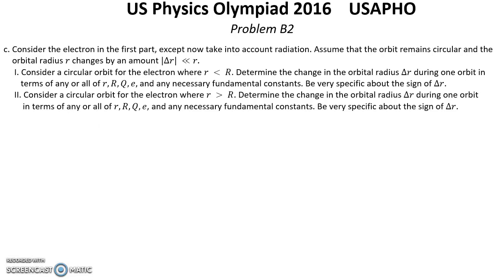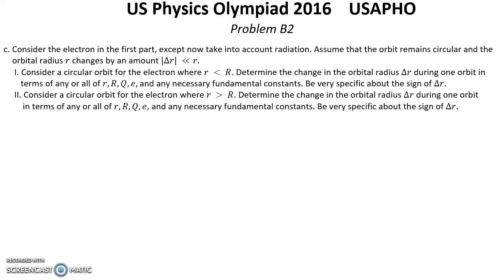Part C. Consider the electron in the first part, except now take into account radiation. Assume that the orbit remains circular and the orbital radius r changes by an amount delta r much less than r. First question.